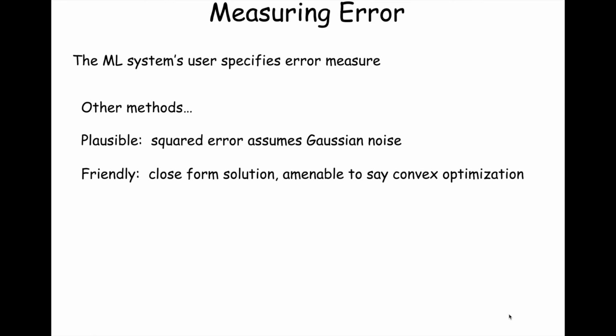Okay. So when you measure error, it's the system user for your learner that determines the error measure, right? So let's say someone asked you to design a custom learning solution for some domain. You learn about that domain, look at the data, do your transformation, design your learning algorithm, and you're ready to go. Now you need to sit down with your customer, so to speak, and say, gosh, tell me more about this application.